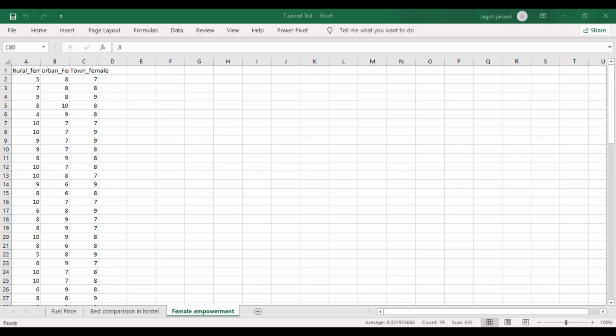So I am just putting in the area codes. The last one was urban, two we have, then three we are going to code. The third implies the town area, like semi-urban area.